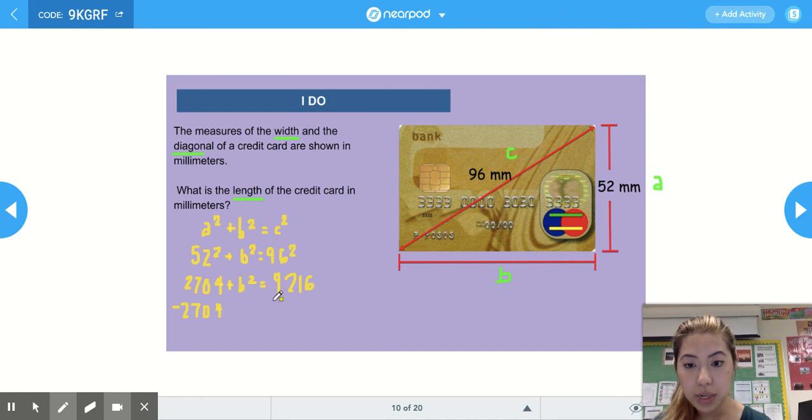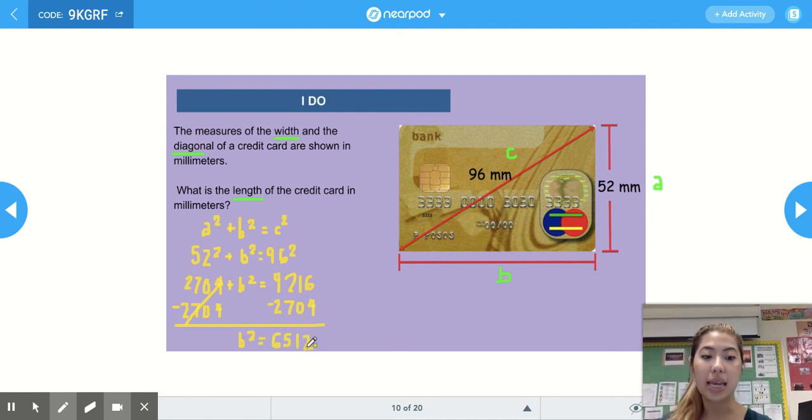So that's what I'm going to do on both sides of the equation. 2,704 minus 2,704 is 0. So then we have b squared is equal to 9,216 minus 2,704, which is 6,512. And so now I have b squared is equal to 6,512.